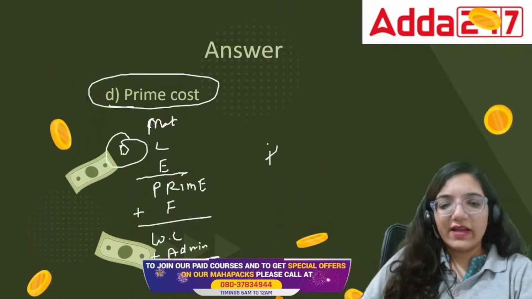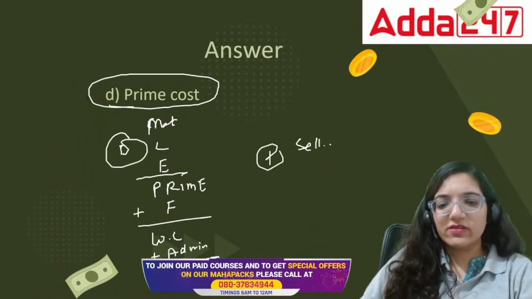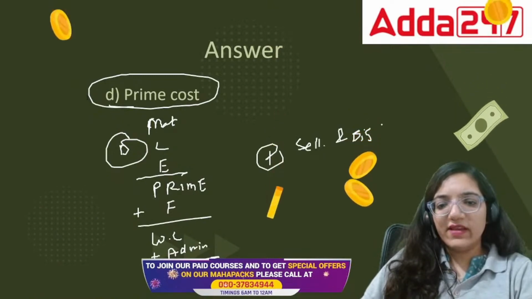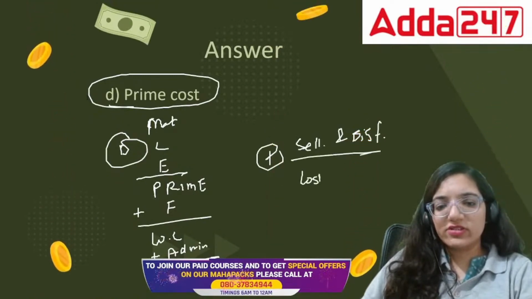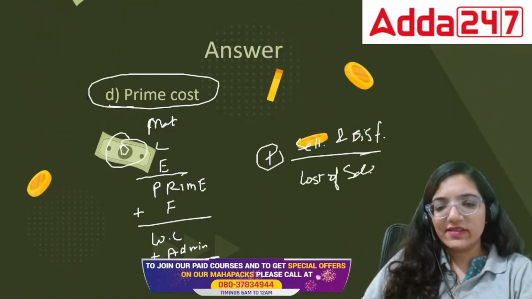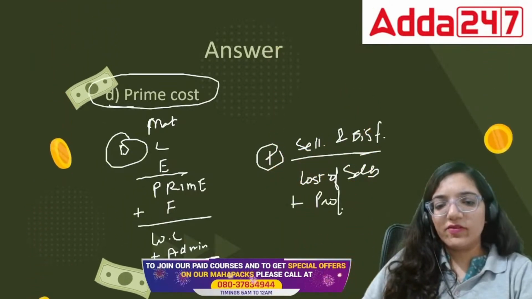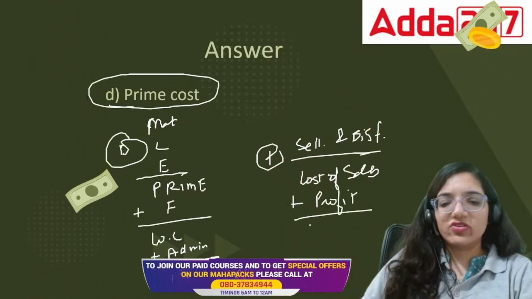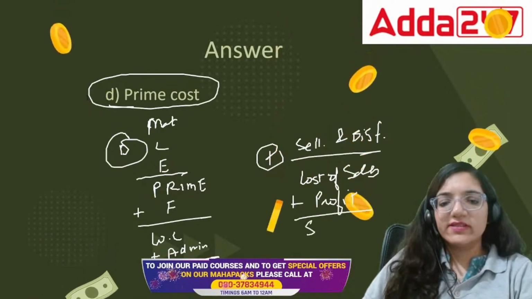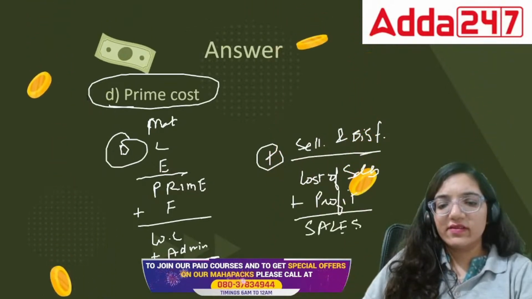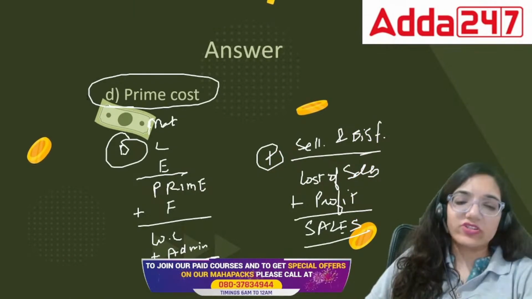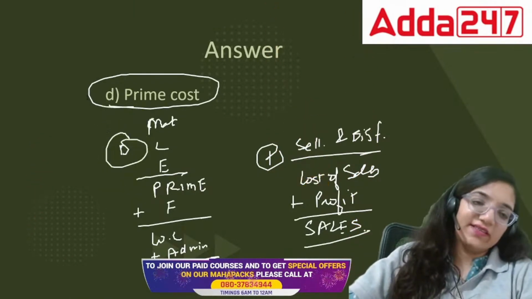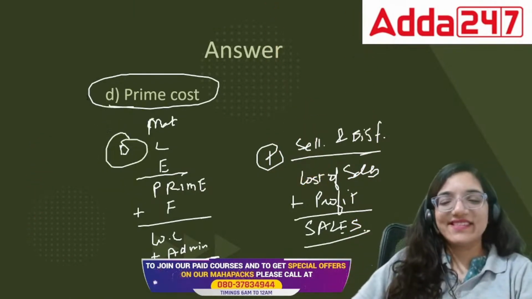Then we add up selling and distribution. Then it is called cost of sales. Then we add profit. What is left is called sales. This is the format for the cost sheet.